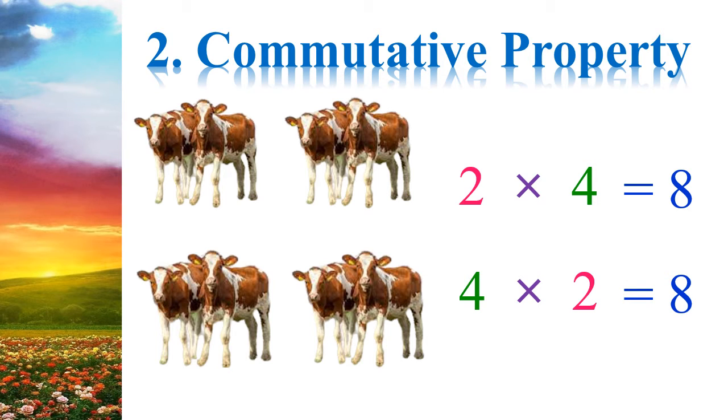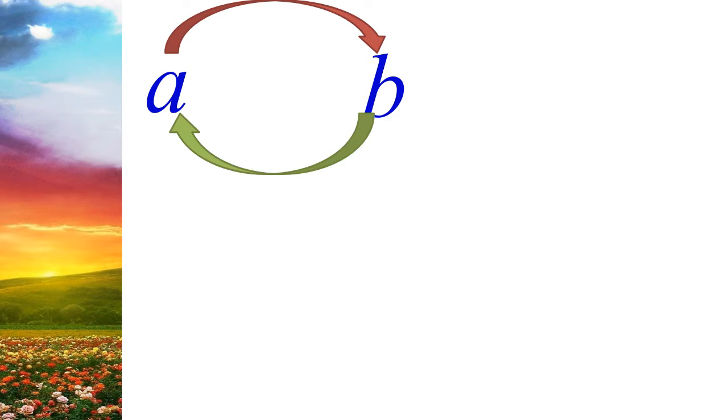See children, here 2 whole numbers are interchanged, but the product is the same. So, we learn from this, when 2 whole numbers are interchanged, then the product is the same.